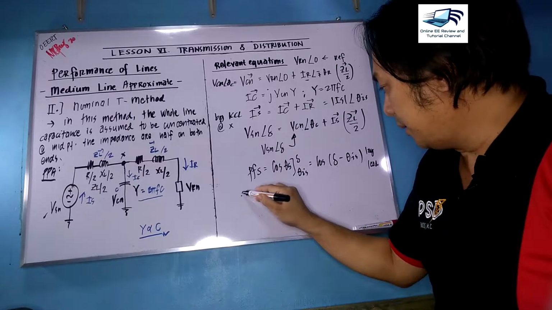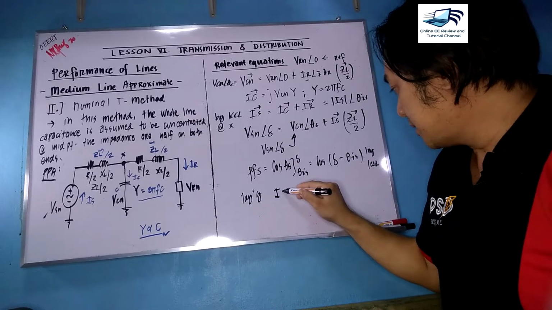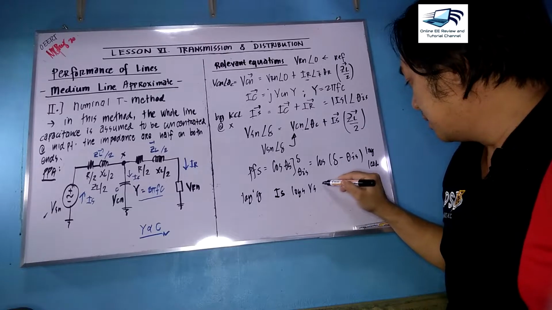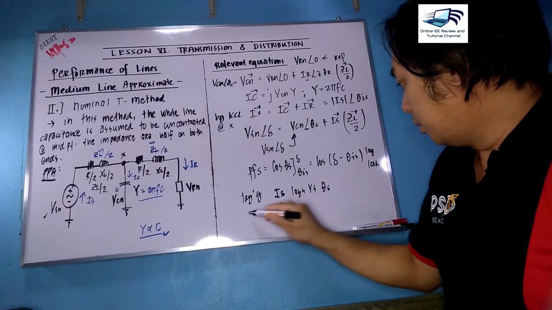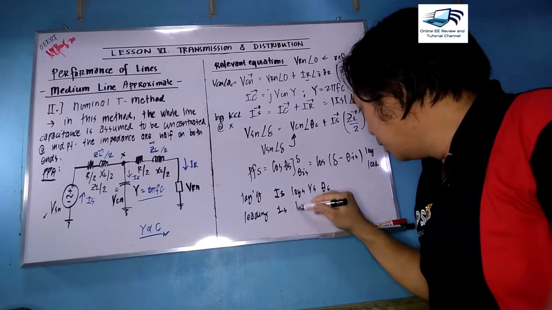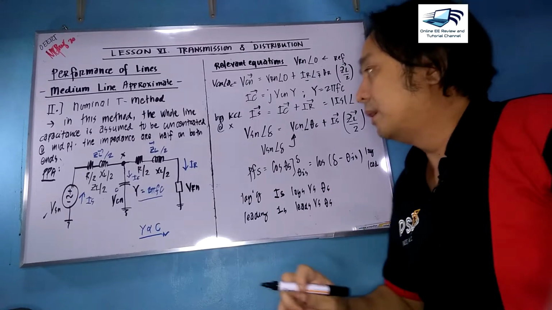On the phasor diagram, a lagging condition means IS lags VS by a certain angle theta S, or in a leading condition, IS leads VS by theta S.